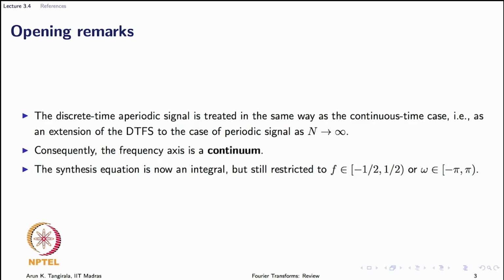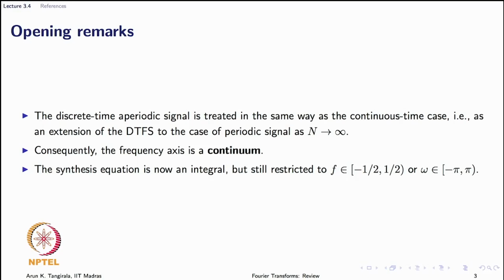Now, a few opening remarks similar to what we had discussed in lecture 3.3 in the case of discrete time periodic signals. Again, the story is more or less similar. The synthesis equation is now an integral like we had in the continuous time case, but still restricted to this fundamental frequency range because we are still working with discrete time sinusoids.